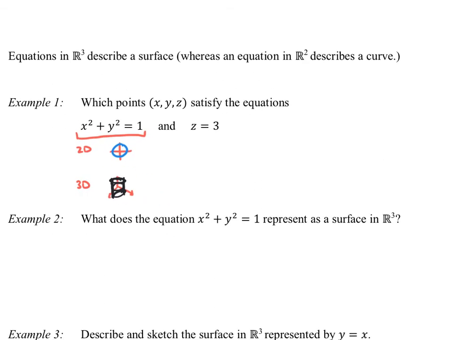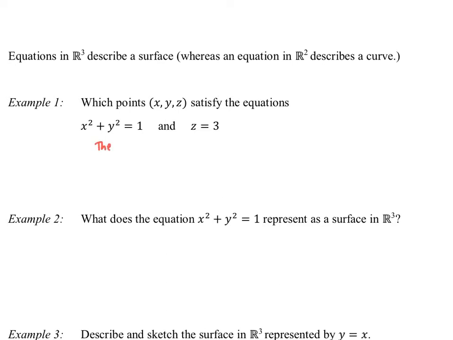So the question is, which points satisfy both of these equations? So we're not looking at necessarily the x squared plus y squared equals 1 only, or just the z equals 3 only. We're trying to combine them together. So which points?